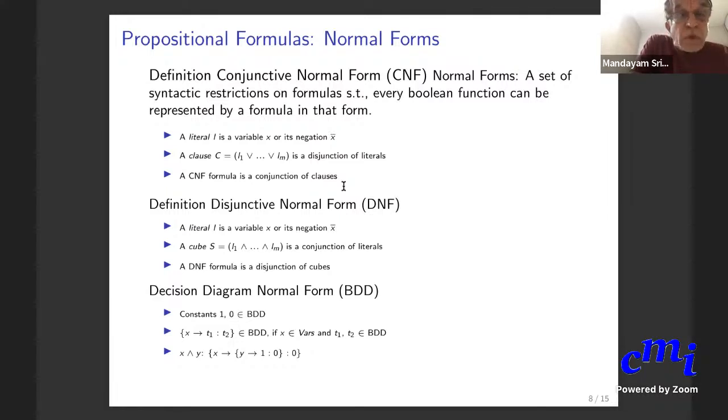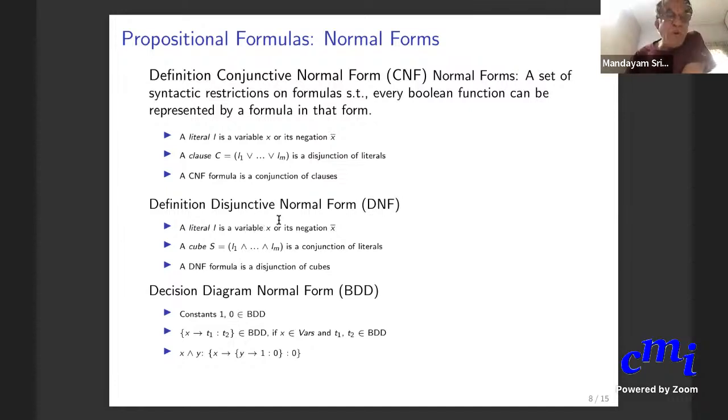This is a normal form because every Boolean function can always be expressed in this form using disjunction and conjunction, with the negation appearing only at the leaves. Okay, that's the conjunctive normal form.